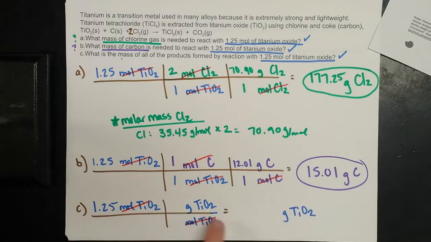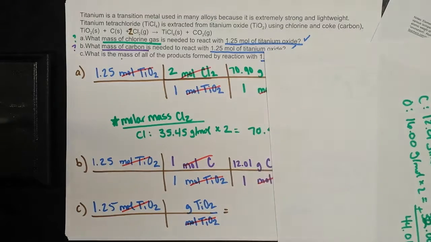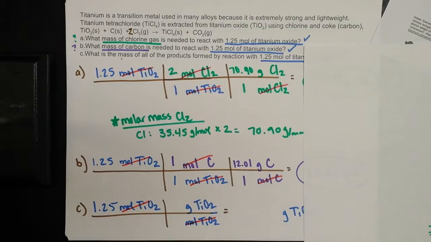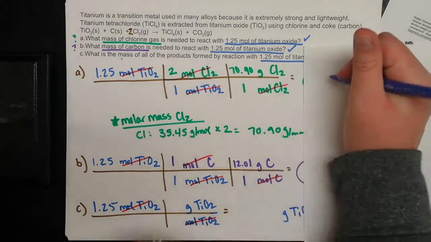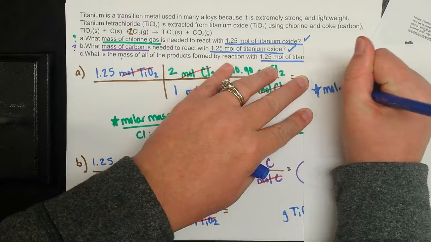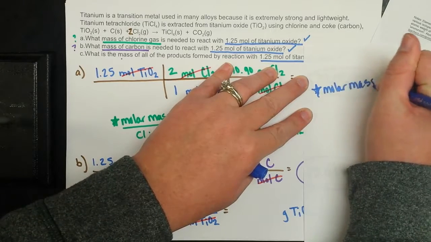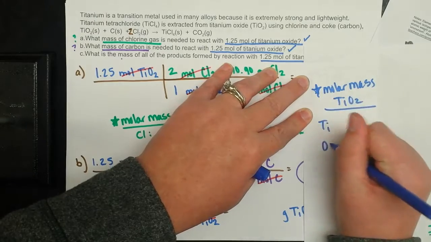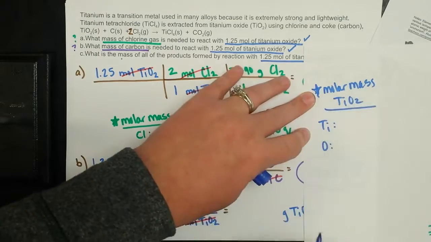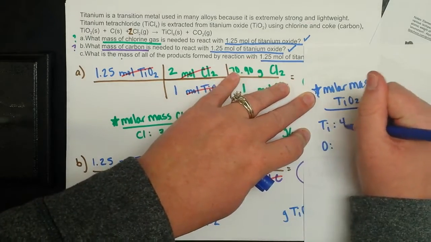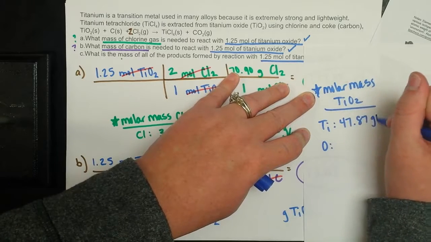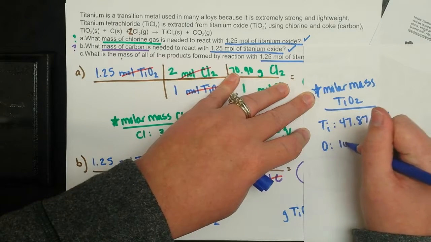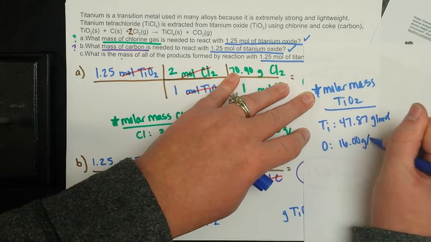Okay. Now, in order to convert between moles and mass, I need to find the molar mass of titanium oxide. So, I'm going to take titanium, I'm going to take oxygen. Titanium we said was 47.87 grams per mole. Oxygen is 16 grams per mole.